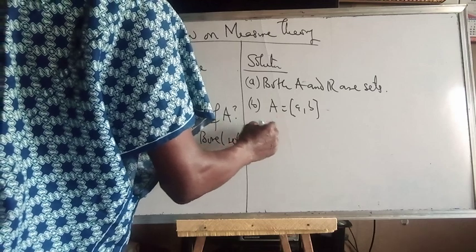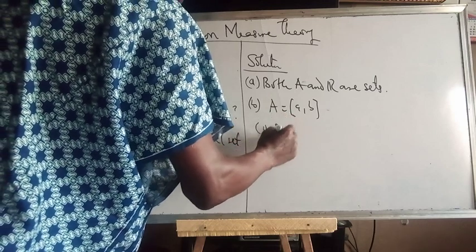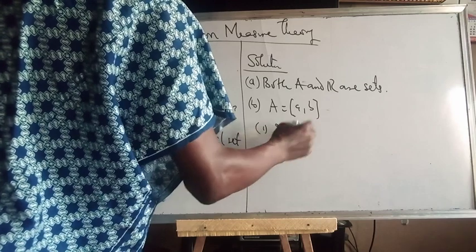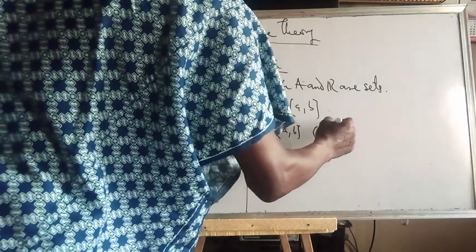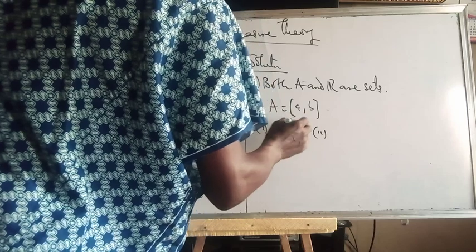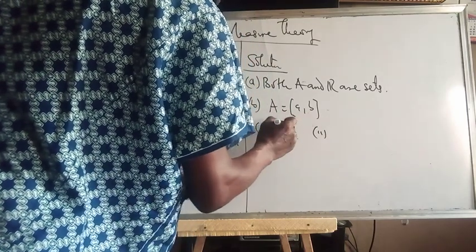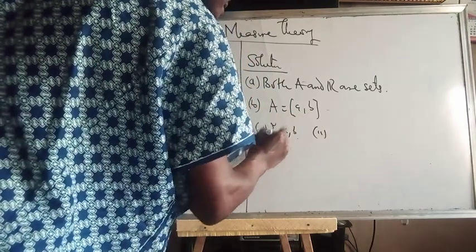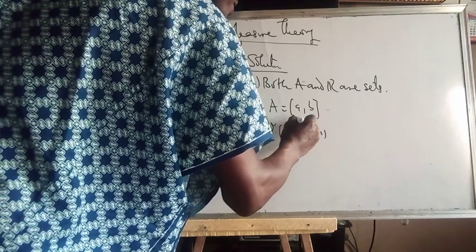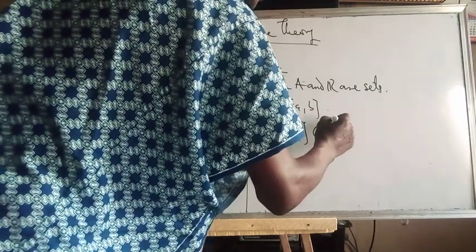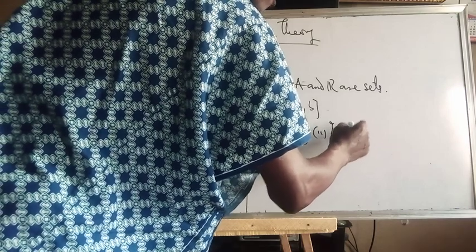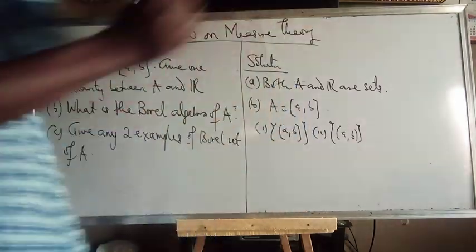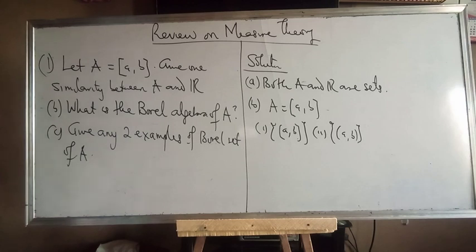So the Borel algebra can be written like this: the set of [a, b], which is closed, and the other one will be the set of (a, b), the open one. That's all. That's what they were expected to give me there.